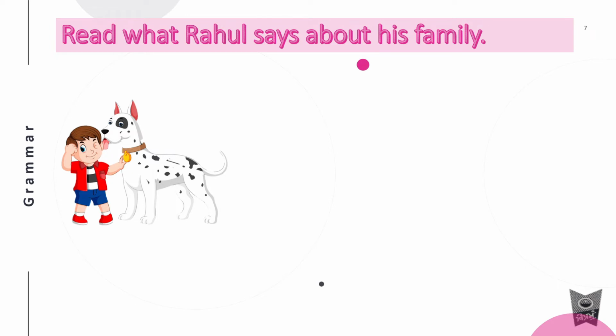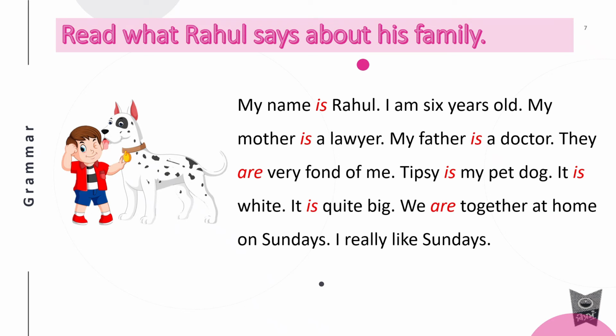Now let's read what Rahul says about his family. My name is Rahul. I am 6 years old. My mother is a lawyer. My father is a doctor. They are very fond of me.